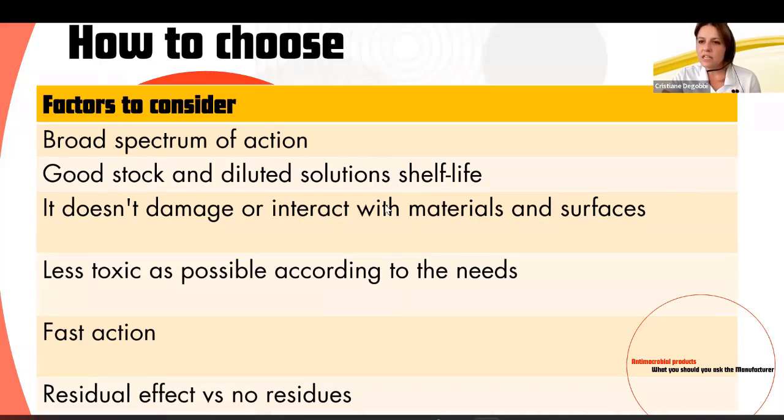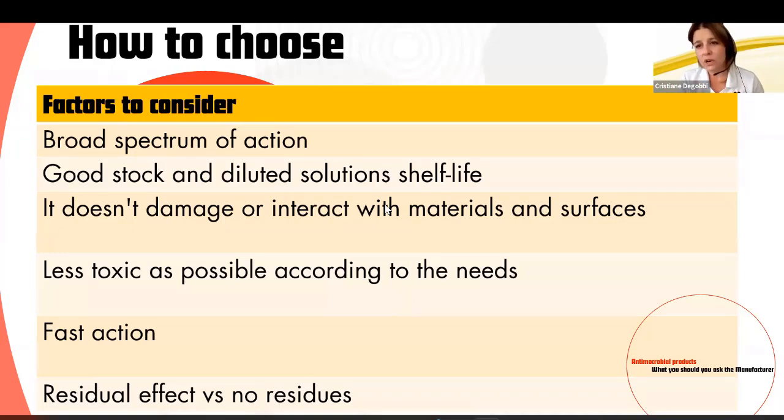So you have to consider if you want something that is going to leave a residual effect. For example, the antimicrobial coatings that we were talking about yesterday. Sometimes you want to prevent mold from recurring in that area because it's a high risk area with a lot of moisture and everything. So it makes sense to find a product that you can apply afterwards in order to prevent mold from coming back.